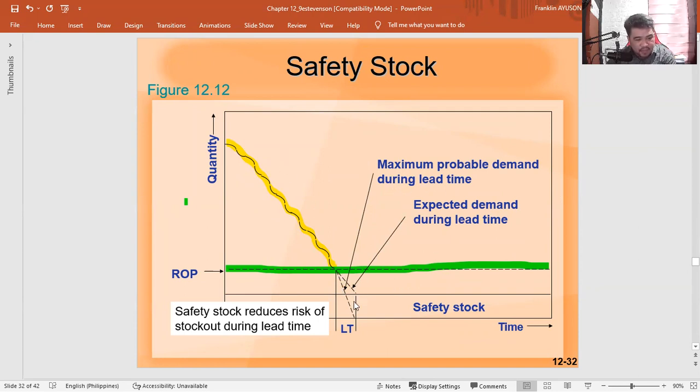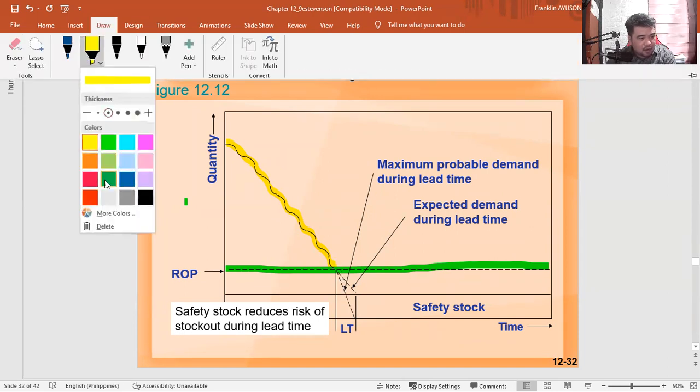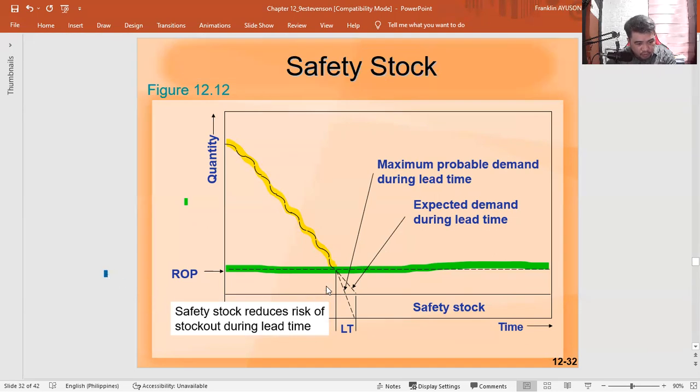Yan. So ibig sabihin, this part is our assumption of the demand we'll have during the time our order is placed and our order is delivered. So ibig sabihin, bababa pa rito yung ating inventaryo.